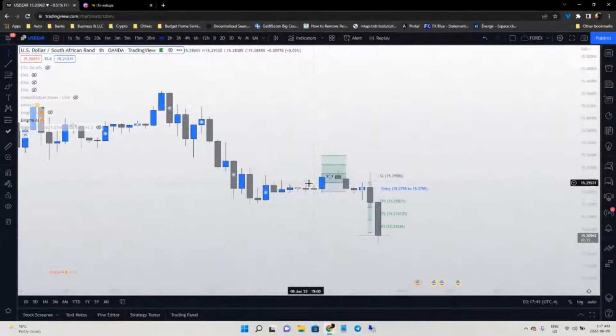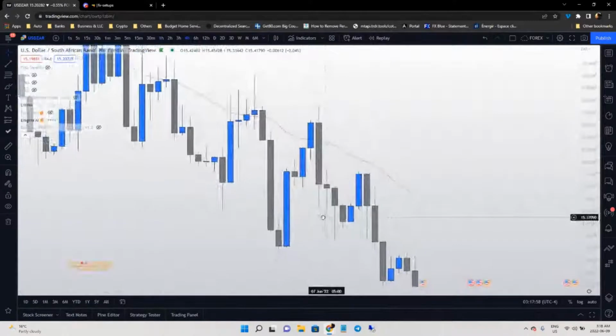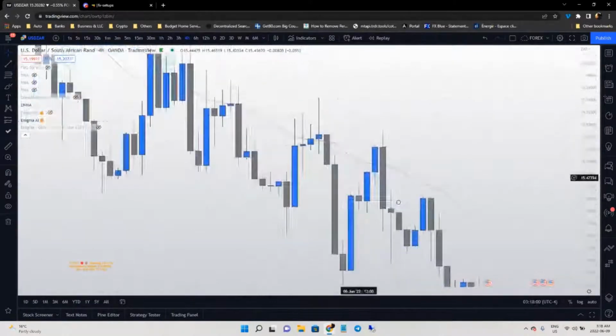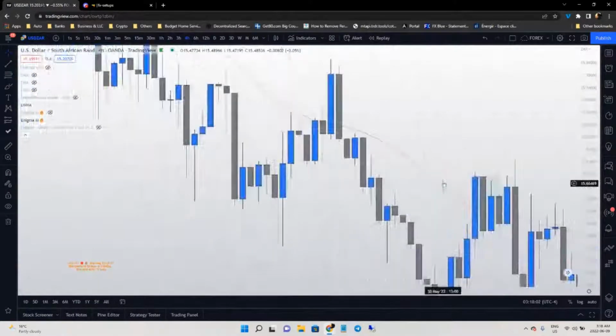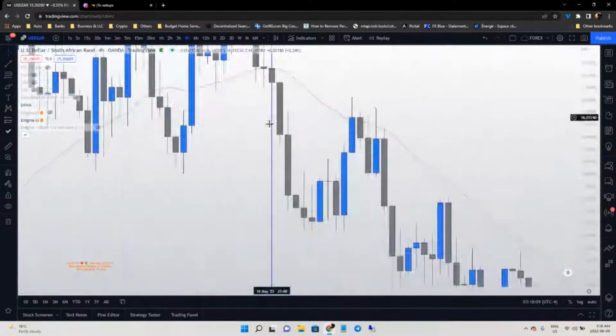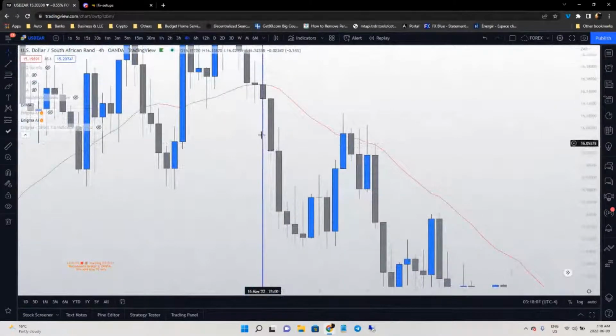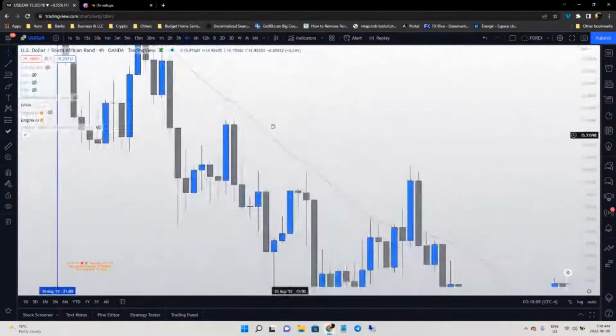So when it gives you an alert like that, if you don't have Fusion on as the filter, it's going to show you the buy setup. But since we're in a downtrend, if you look at the A4, we're in a downtrend basically since May, mid-May.